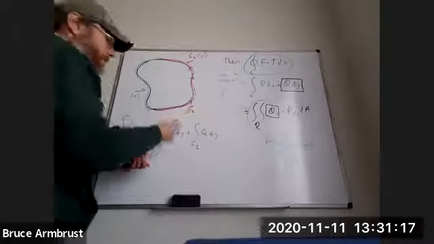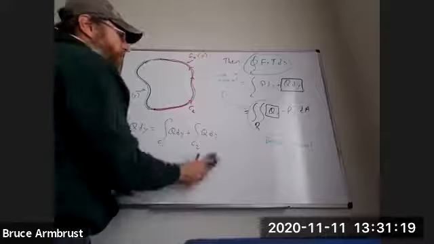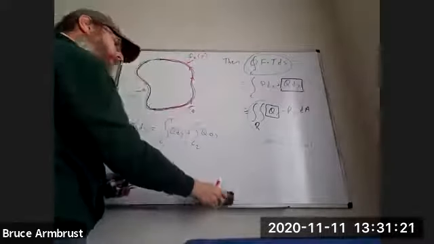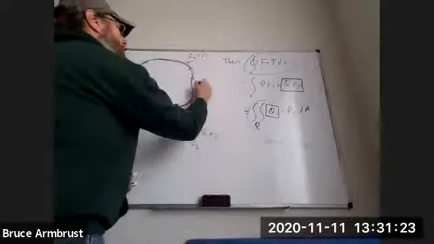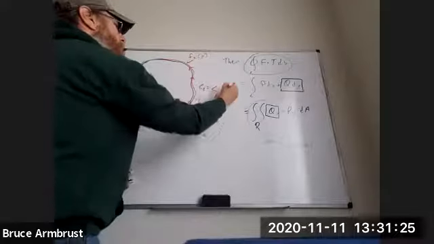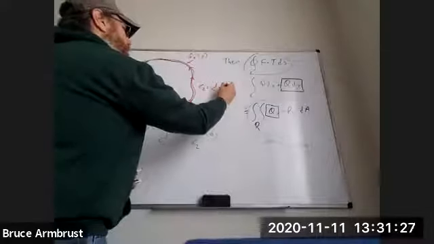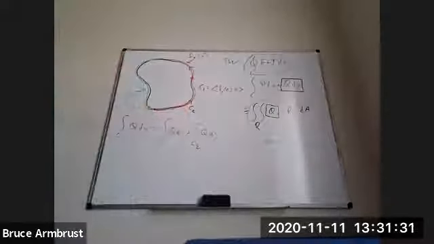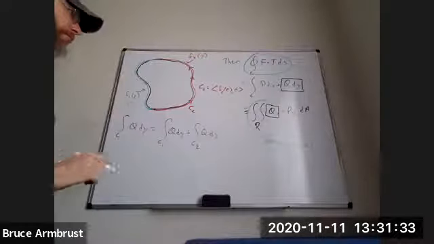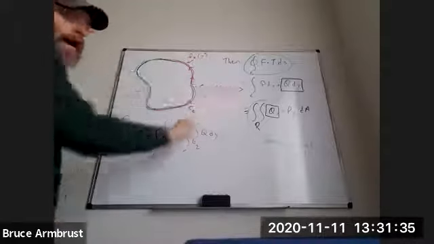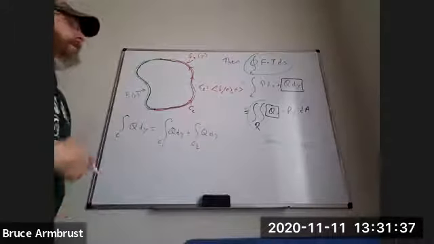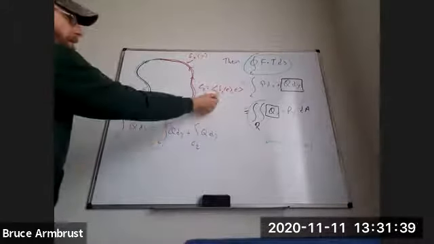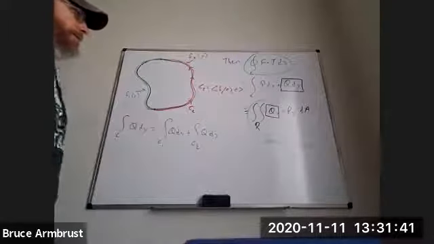We'll look specifically at C2. The parameterization for C2, we're going to make it f2 of t comma t. Excuse me. So I'm letting y be t, and if I let y be t, then this is the x component.